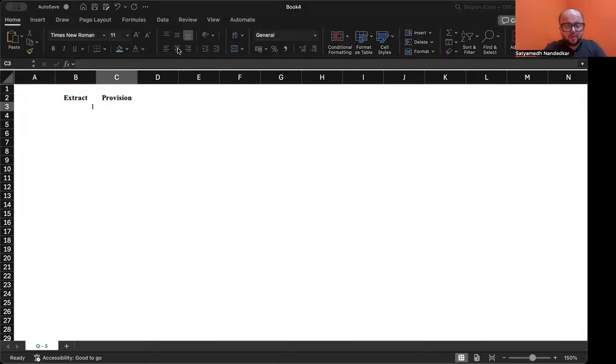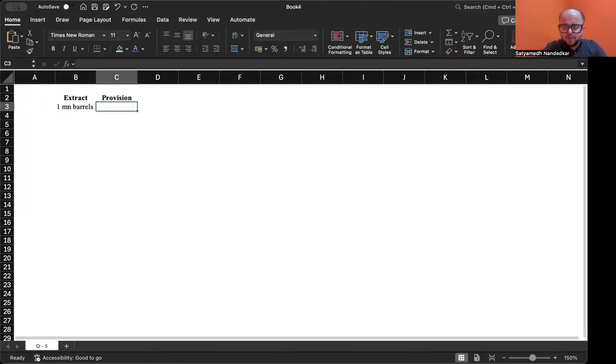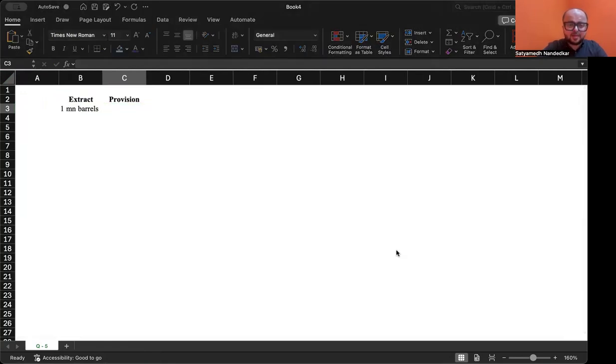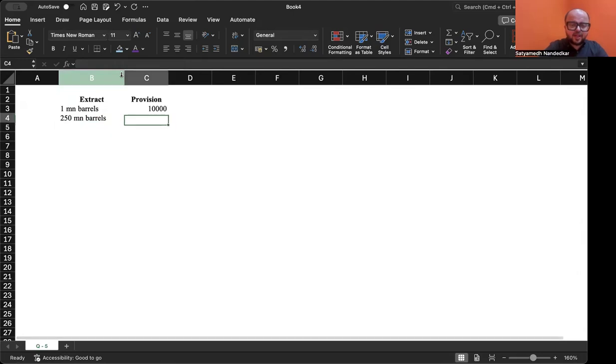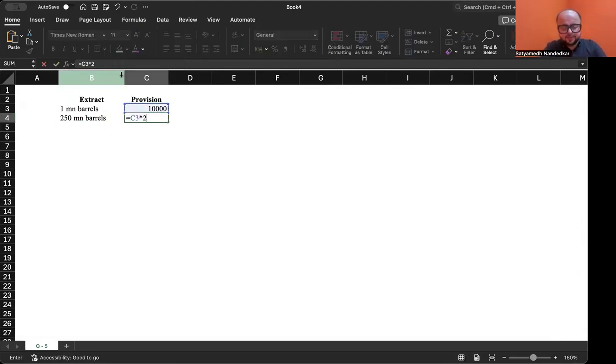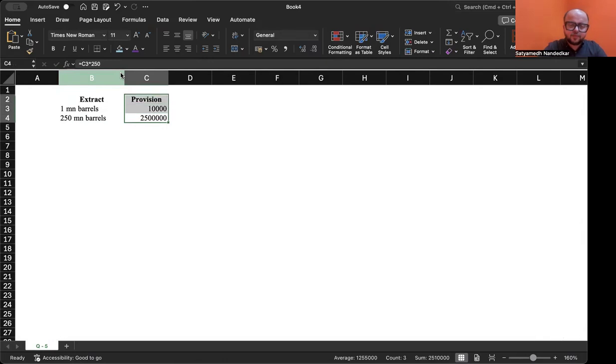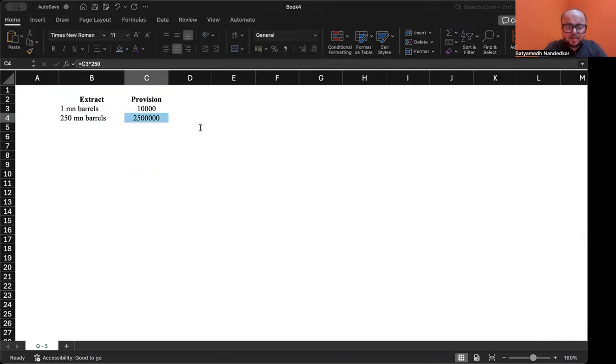Okay, you extract 1 million barrels. How much is the provision for 1 million barrels? You have a provision of 10,000. So for 250 million barrels, the provision is naturally 10,000 into 250. This is the amount of provision that you would require for a total of 250 million barrels.